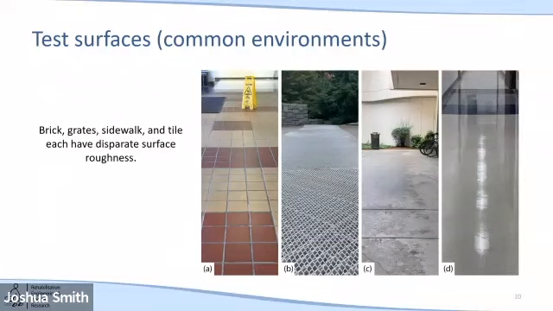Less common surfaces, potentially: decorative interior brick, with a very nice grout line between them, a nice repetitive bumpy surface, and some expanded aluminum grates, typically only seen in an industrial workplace, but a very randomized vibratory surface.